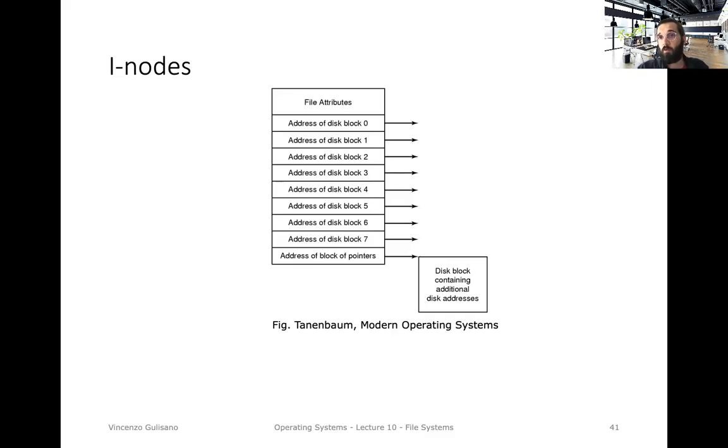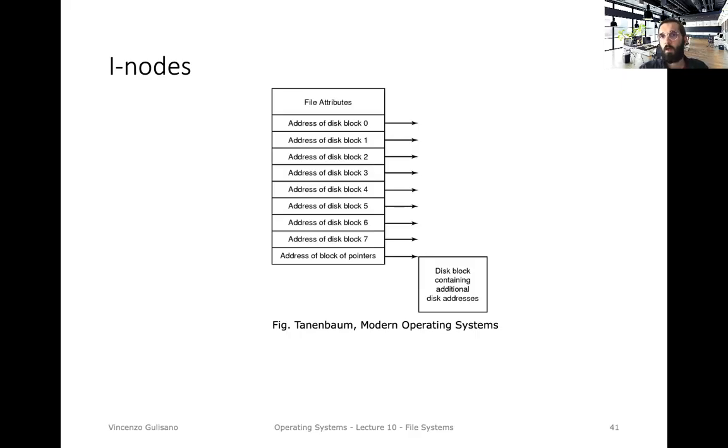But if you need more, of course, you need a mechanism to find out also where the other addresses are. And you can do this by keeping an extra address to a block on the disk, but this is a special block that is only used to store the addresses of the following blocks. And you can do this with different levels of indirection.